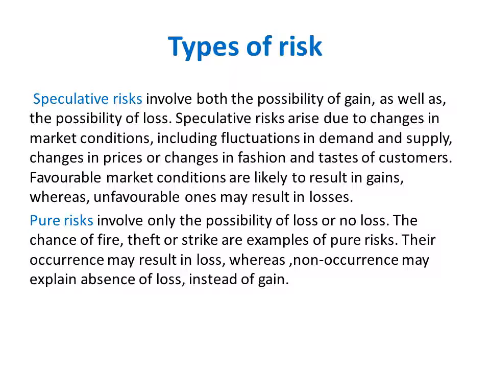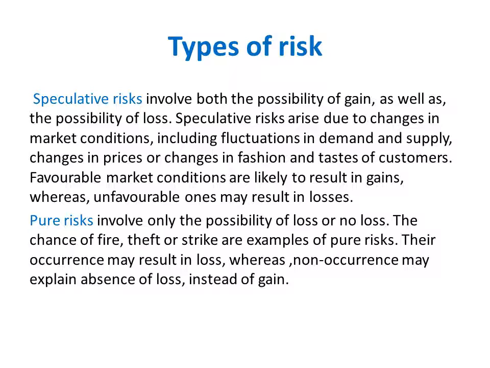When will there be profit? If the conditions go in the favor of the businessman, there may be the possibility of gain. If it goes against, there is a possibility of loss. This you can observe very much from the current scenario.